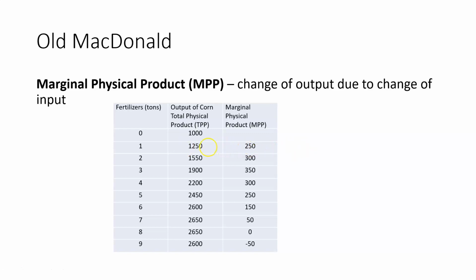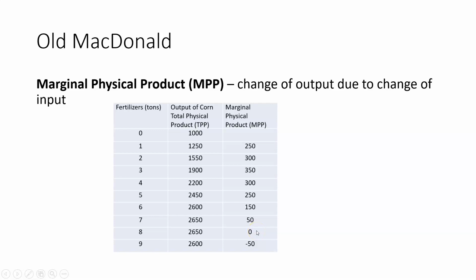Right? And what we notice is that as we add more and more fertilizer, a couple of things happen. While our total physical product continues to increase, and we now say up to a point, our marginal physical product also does that. It increases, then it begins to decrease.